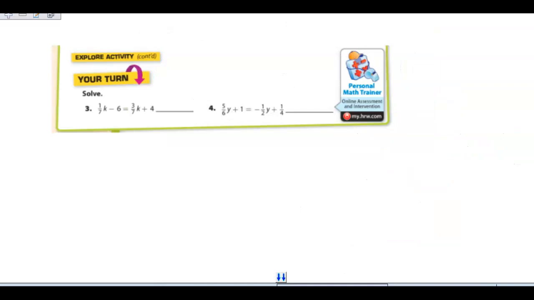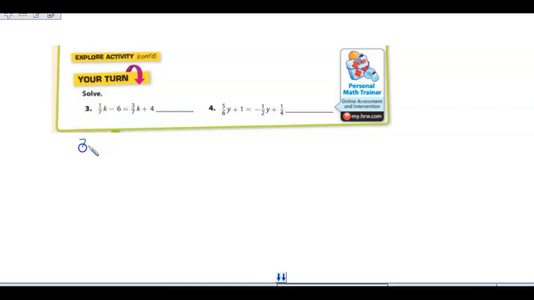Okay, so let's try this, your turn. I have 1/7 k minus 6 is equal to 3/7 k plus 4. I'm looking for my least common multiple that's going to clear my fractions. My least common multiple in this case would be 7.